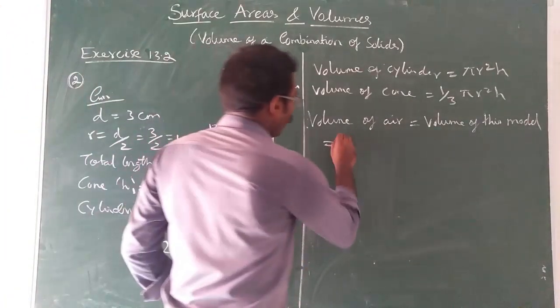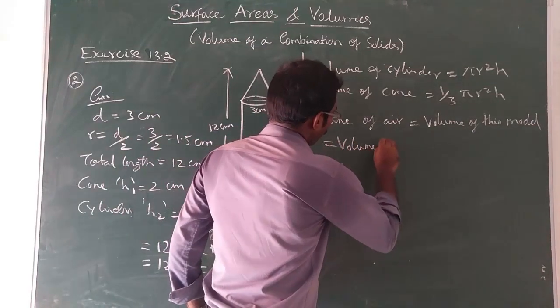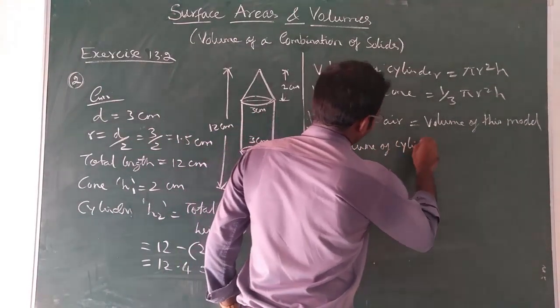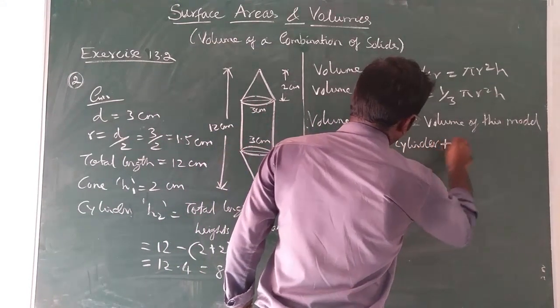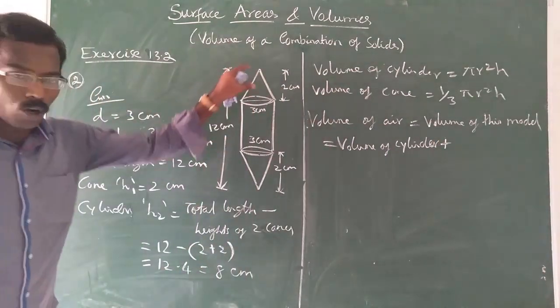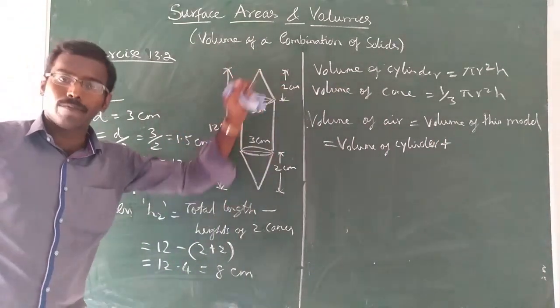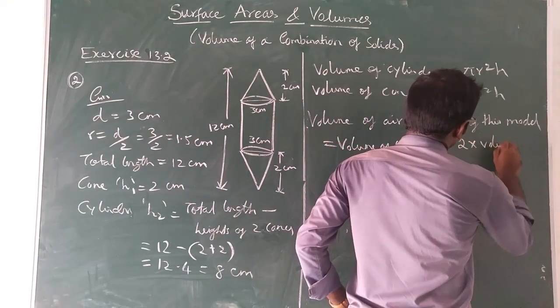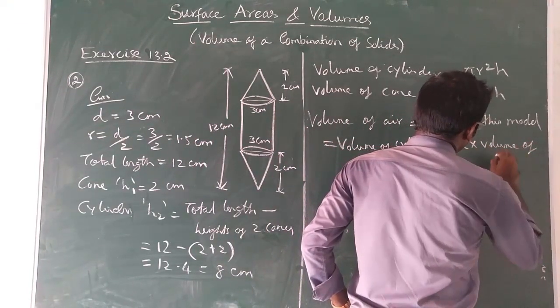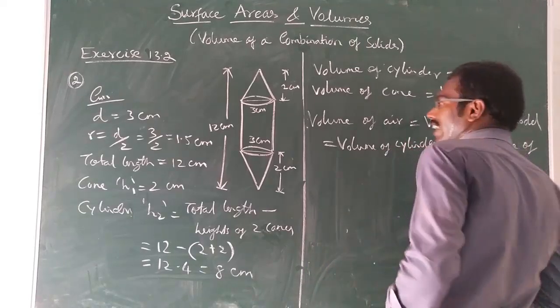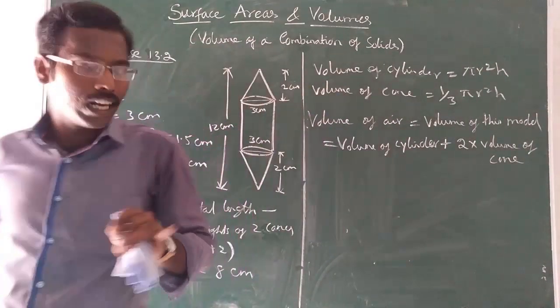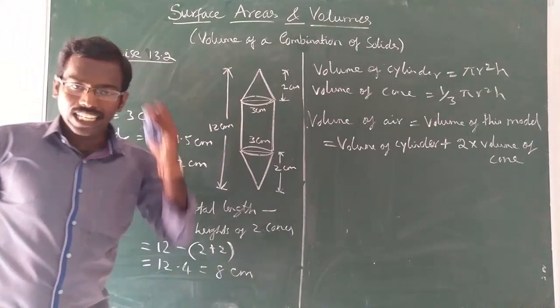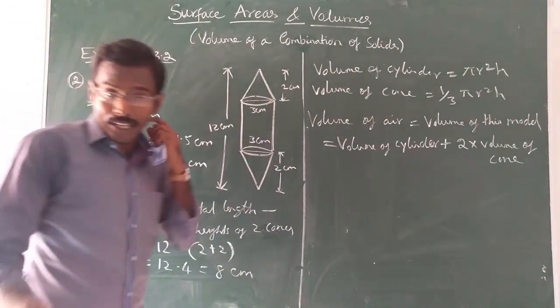Therefore, volume of cylinder plus how many cones? 2 cones. Both cones have same dimension, so you can write 2 into volume of cone. Why I am writing like this means, here how many cones are there? 2 cones are there. Is it clear?